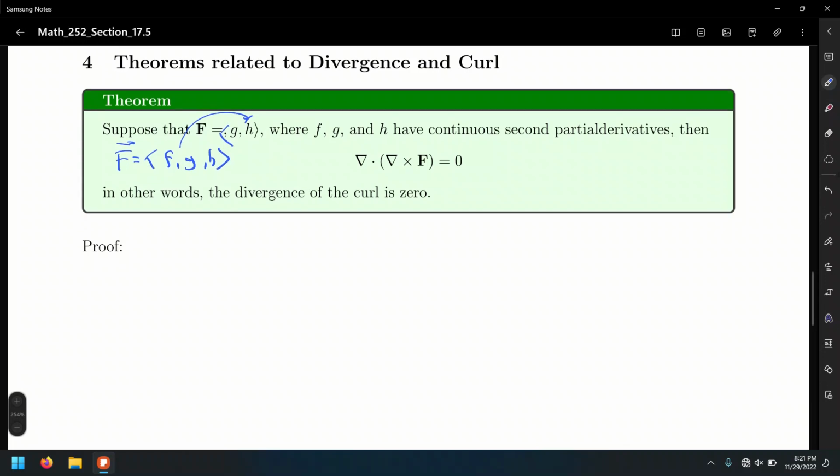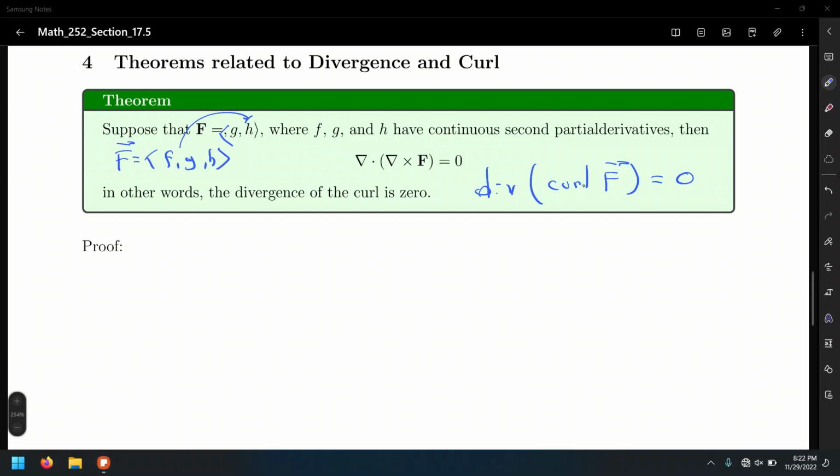In other words, the divergence of the curl equals 0. And there's a lot more of these combinations. These are going to be some identities or theorems that you will use a lot in advanced mechanics in physics, or classical and quantum mechanics. You use this a lot. And let's prove this one.